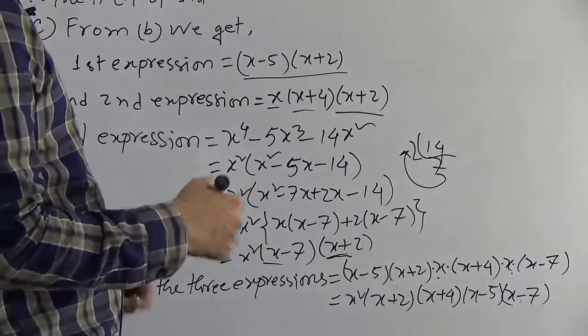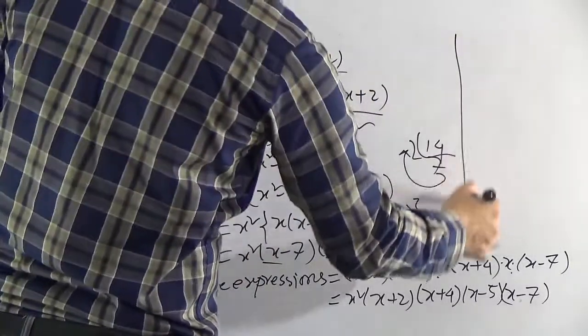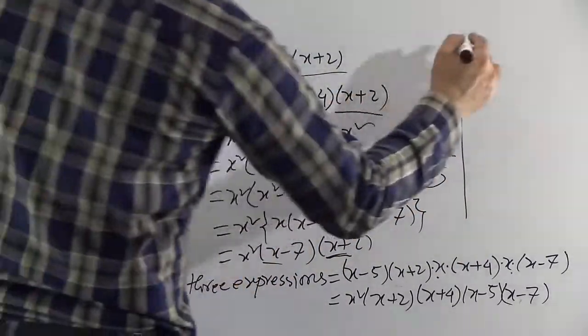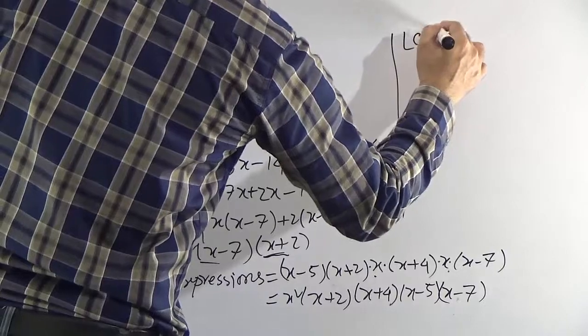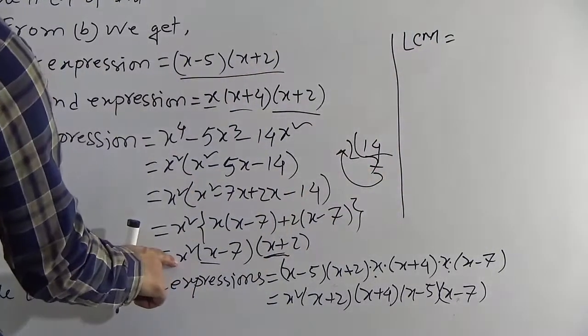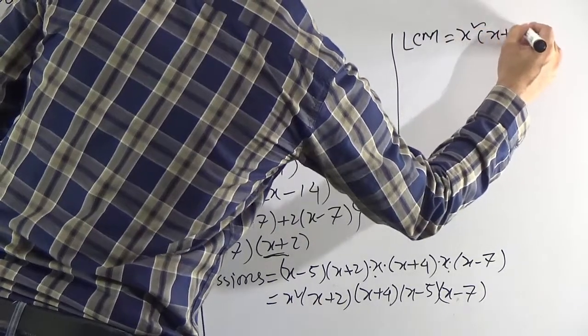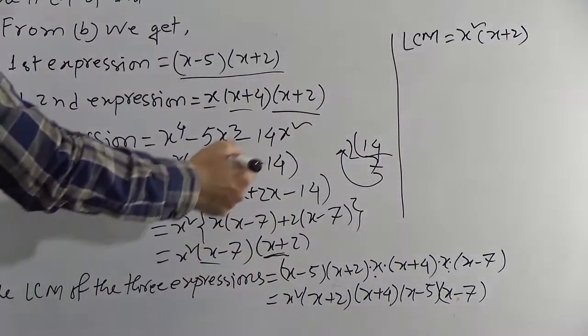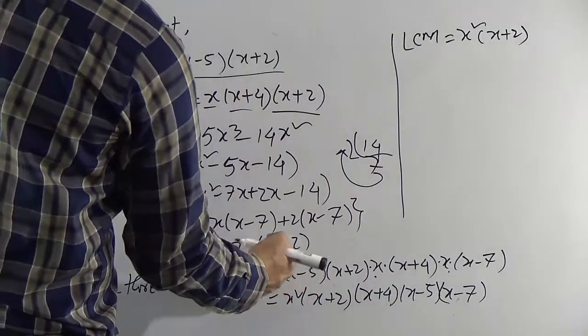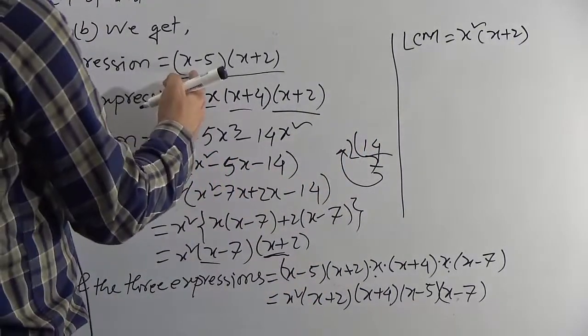You can do the LCM by another method. I am showing the LCM in short again. At first we can take x square. Then we can take the common factor in all the terms. The common factor is x plus 2. Then take the remaining factors.